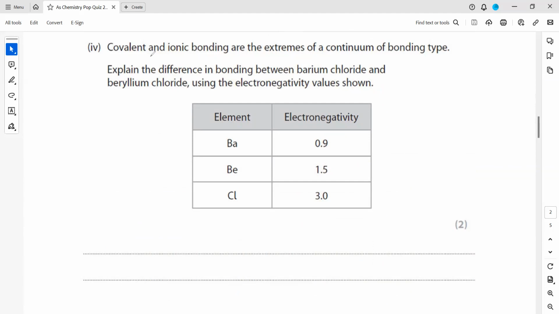Covalent and ionic bondings are the extremes of a continuum of bonding type. Explain the difference in the bonding between barium chloride and beryllium chloride. Use electronegativity difference.